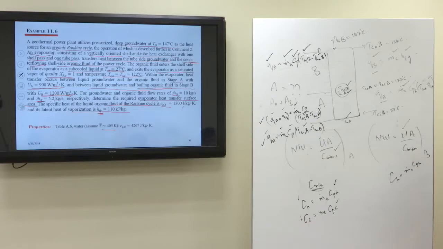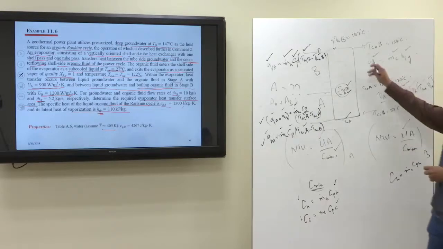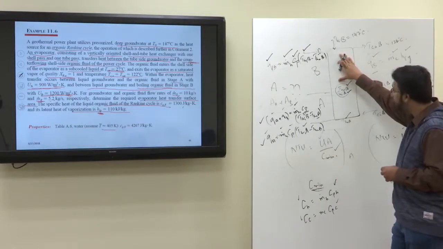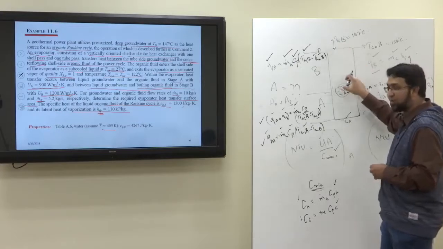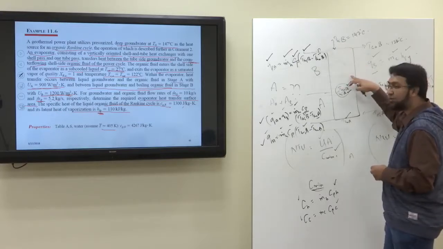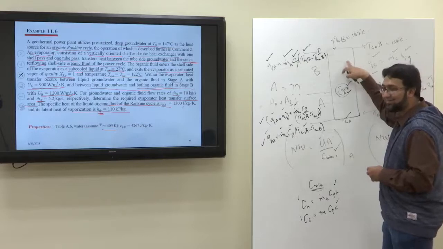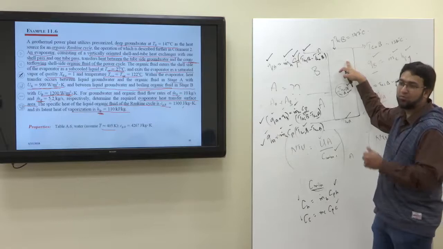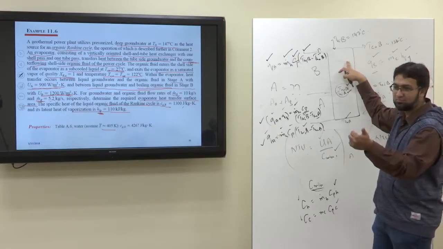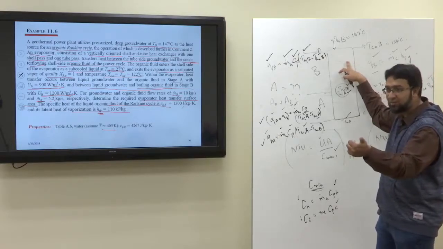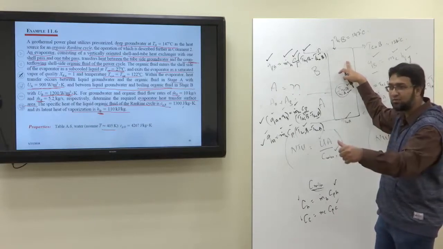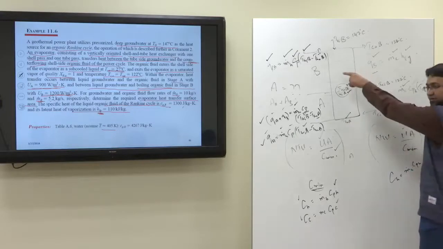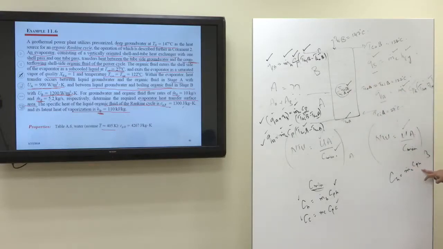Is it clear? Again. In section B, you have a hot fluid and a cold fluid. The hot fluid is the one which is the groundwater, and the cold fluid is the one which is the Rankine fluid, which is evaporating. Since this is evaporating, capital C for cold will be maximum. So C minimum in this case will be for the hot fluid. So M dot H CPH.